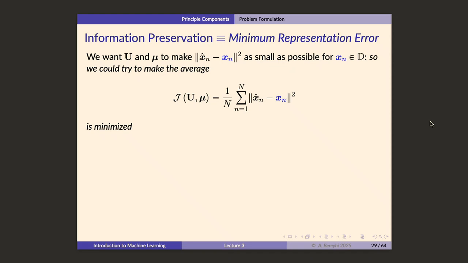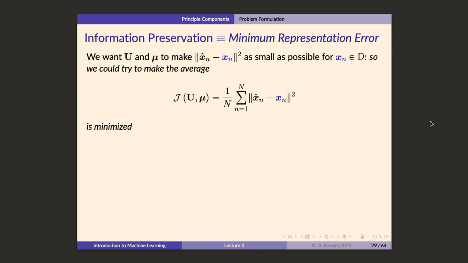So how can I do this? I can easily define something like the risk that we had before. You compute this distance for every single point inside your data set: you compute the latent, you take it back, reconstruct the point, and then you look at the difference, right?